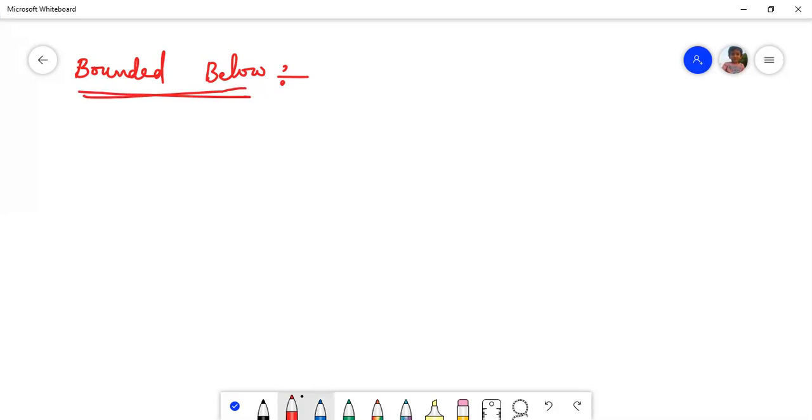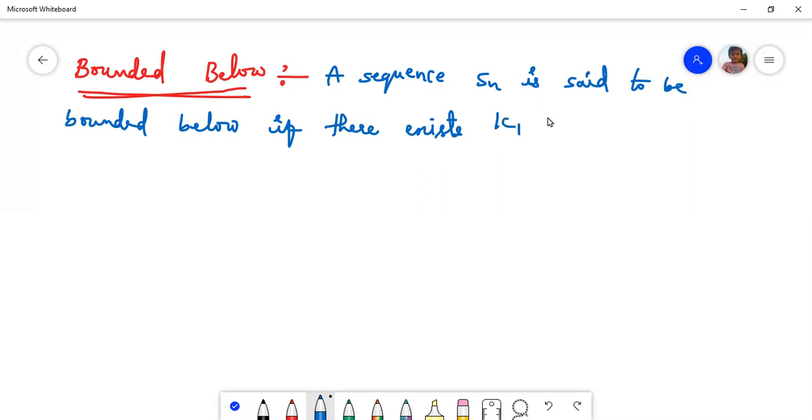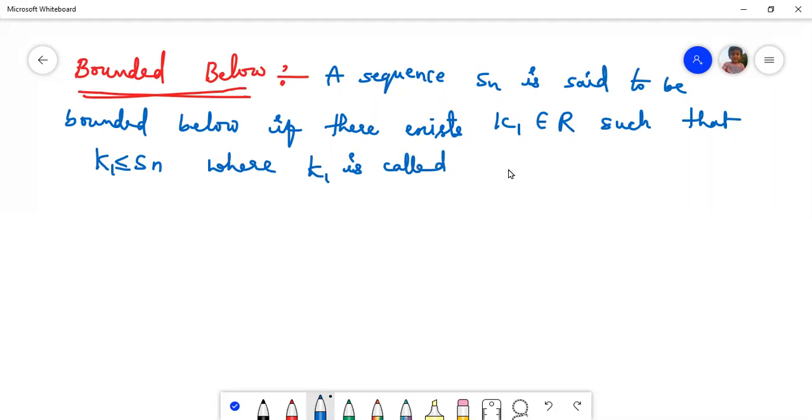Bounded below means a sequence Sn is said to be bounded below if there exists some real value k1 belongs to capital R such that k1 is less than or equal to Sn, where k1 is called the bounded below.